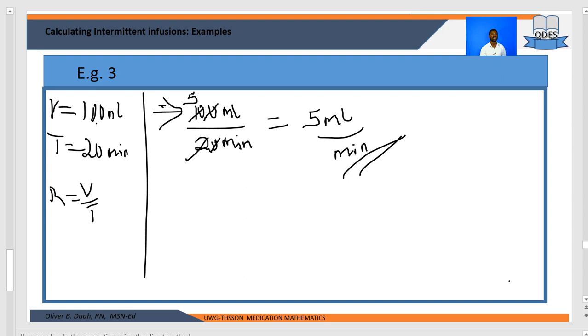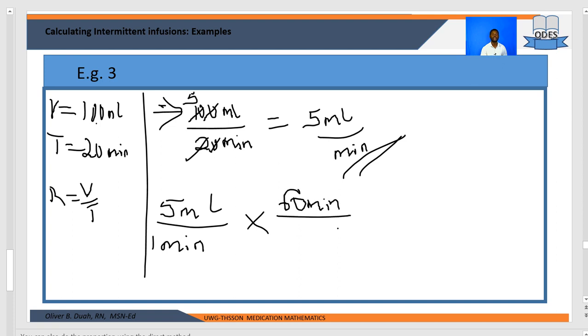So how many hours would that be? Well, we know that we have this, which is 5 ml per each 1 minute, but in every hour that we need, there is going to be 60 minutes in that hour. Okay, so this will be 1 hour. So we know per 1 minute, we need per 1 hour. And minute will cancel minute here.